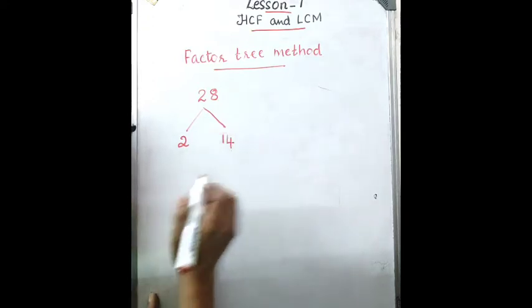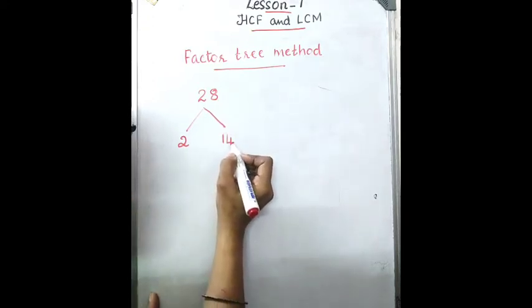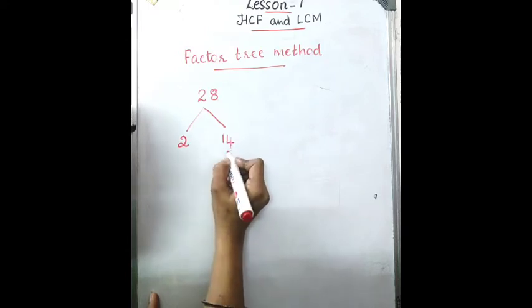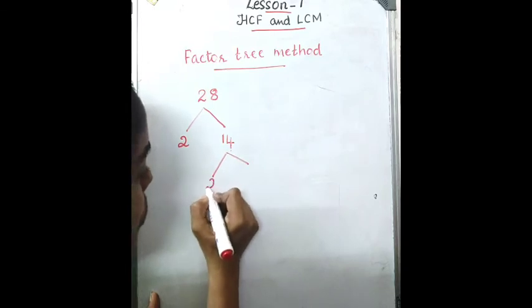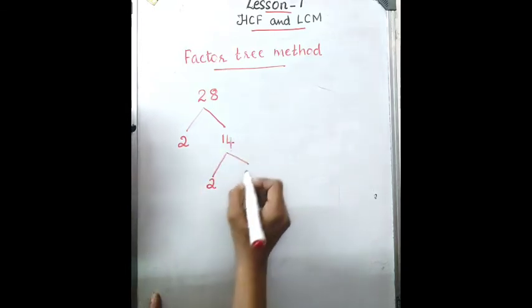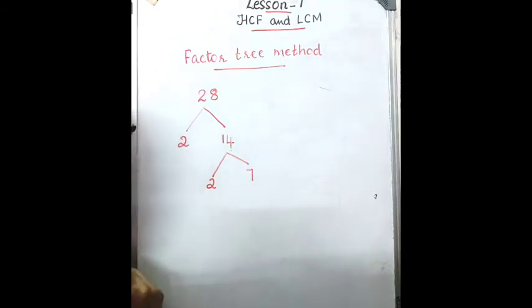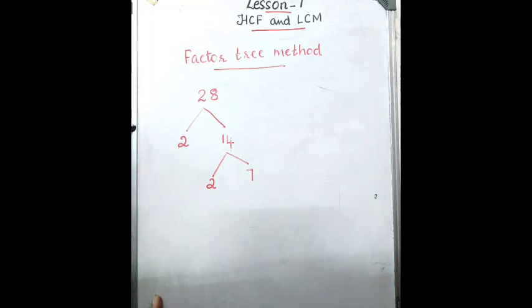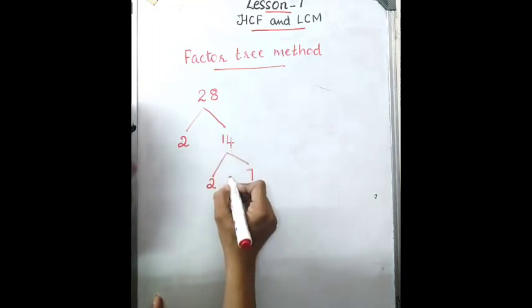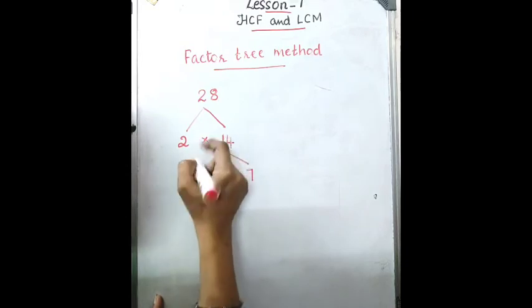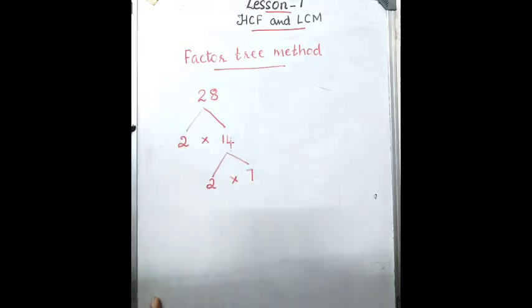According to the divisibility rule, this is an even number, so we can divide this number by 2. When we divide this number by 2, what will we get? Here we get 7. So this is a prime number. These two are prime numbers. On multiplying, we get 7 into 2 equals 14, 14 into 2 equals 28.